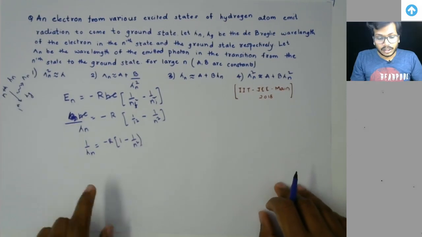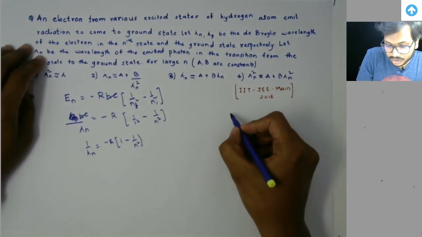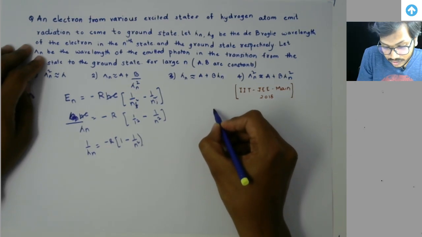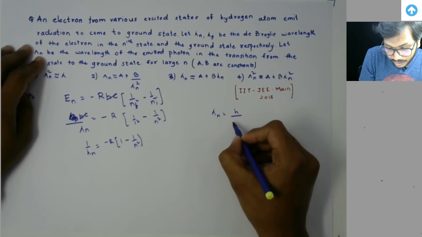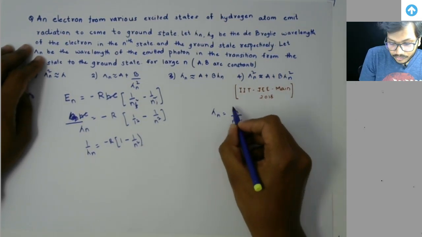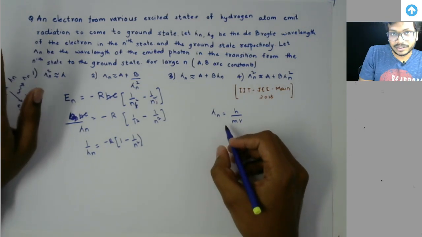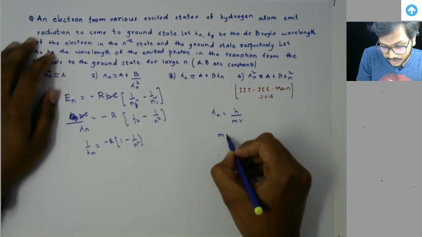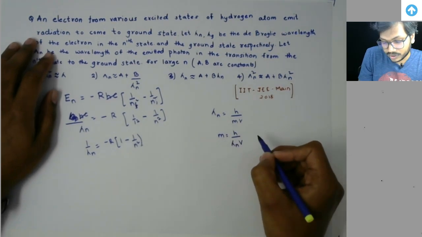Okay. Now let us take the de Broglie wavelength relation. The de Broglie wavelength relation tells us that lambda n is given by h by momentum, that is mv. Now from this I want the value of m. Why that is, I'll tell you soon. m is equal to h by lambda n divided by velocity.